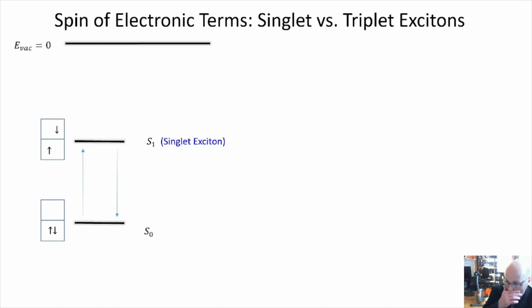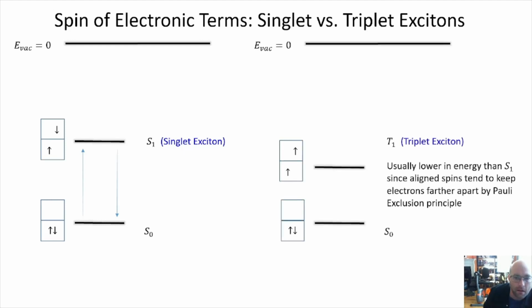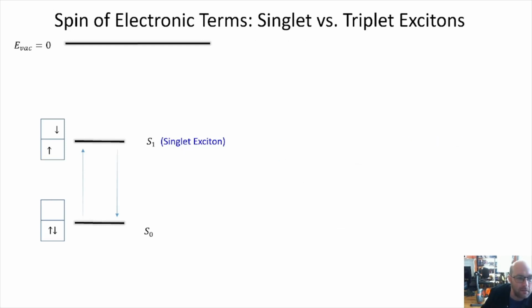So let's keep going, talking about terminology. So we talked about this singlet exciton. And let me go back and say the reason we're calling it a singlet is in reference to the spin of the state, right? So the spin of the electron is a half. The spin of the state in the ground state is 0, because of Pauli exclusion, we're required to have opposite spins in the ground state.